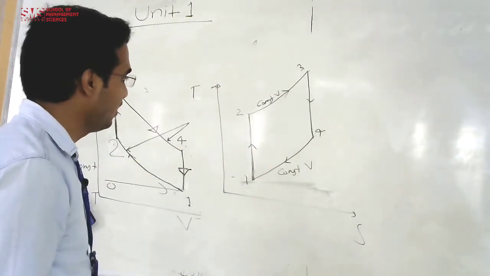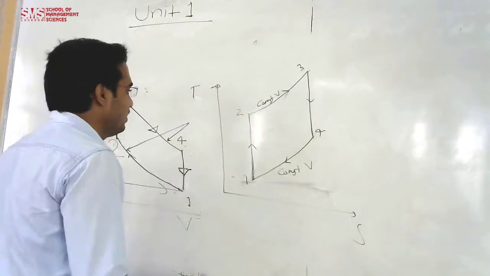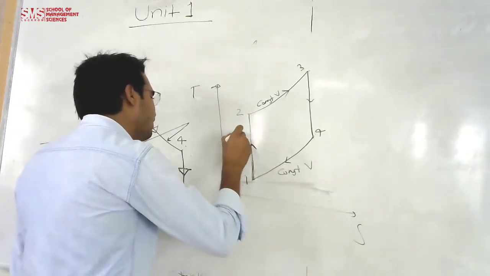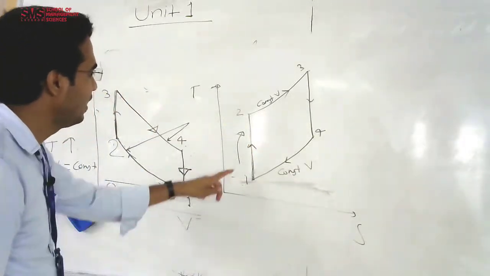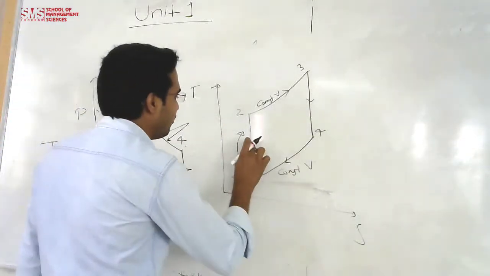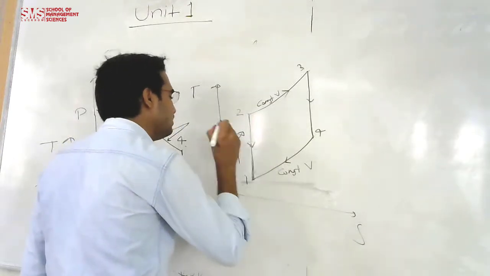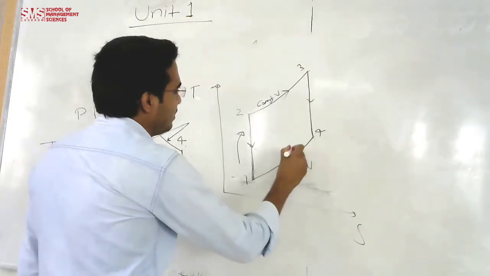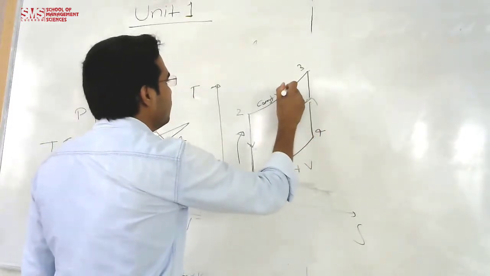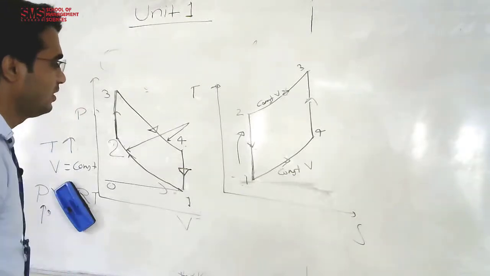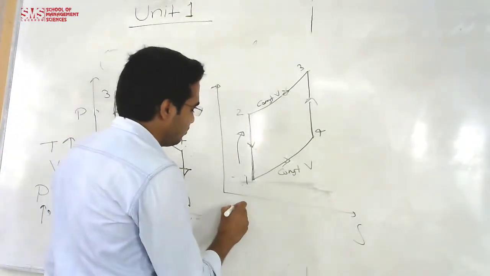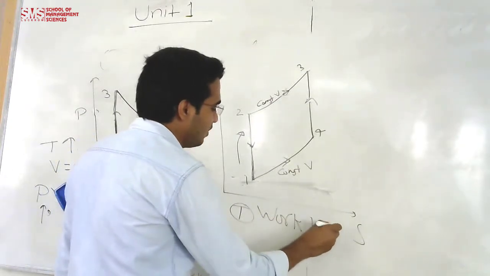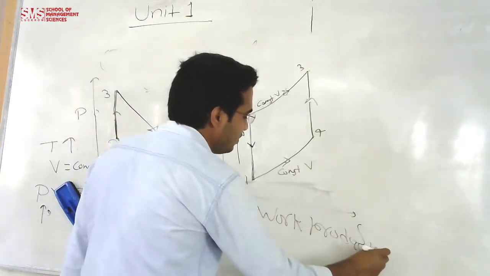Now one question: why is the arrow pointed clockwise? Why is it not the other way round? You must know that there are two kinds of devices. One is a work producing device, which produces work.